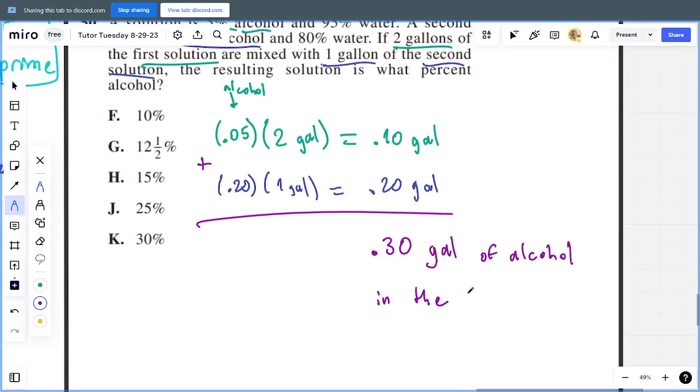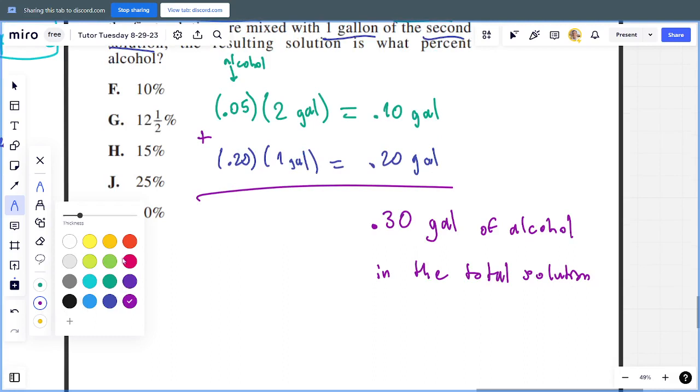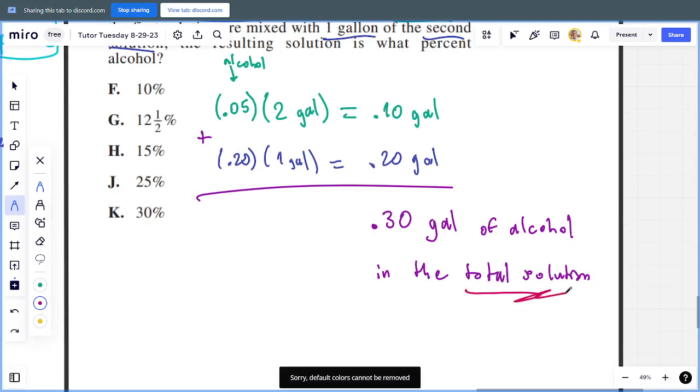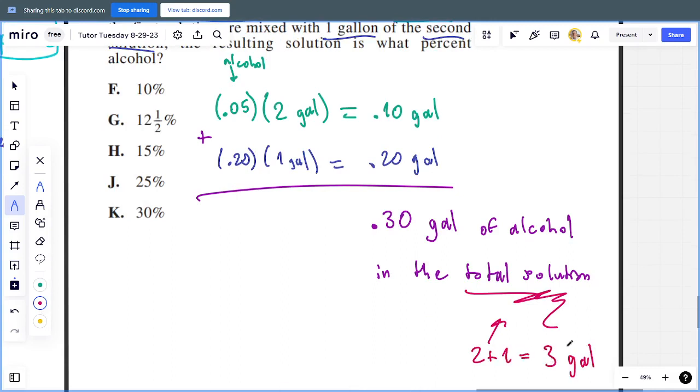in the total solution. Remember, the total solution is going to be the 2 plus 1, which is 3 gallons.